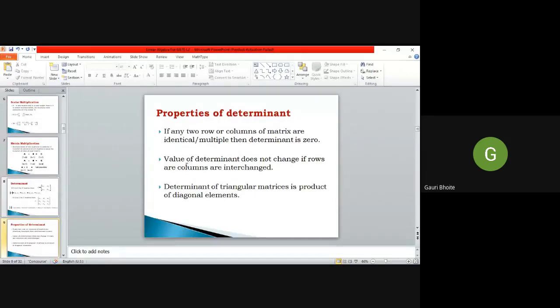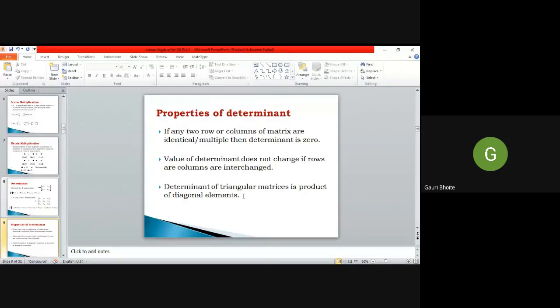While calculating the determinant, if we interchange rows, then it is altered by a minus sign. But normally when equivalent matrices are there, it does not alter. And third, the determinant of a triangular matrix or diagonal matrix is the product of its diagonal elements.